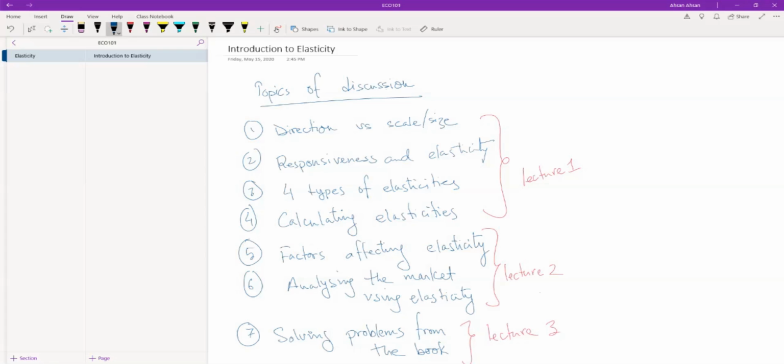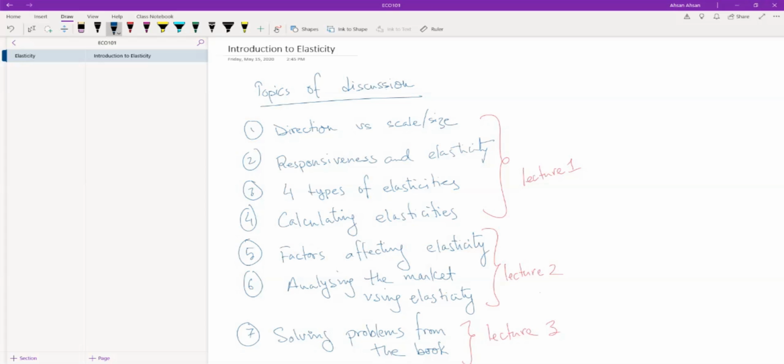And then once we have learned what elasticity is, how to calculate elasticities, and what factors may increase or decrease elasticity, we are going to come to point number 6, where we use elasticity to analyze the market. You have already learned how to analyze the market using basically demand and supply analysis and equilibrium analysis.